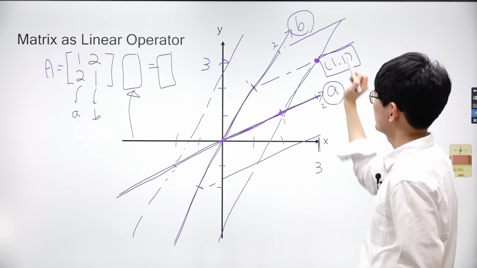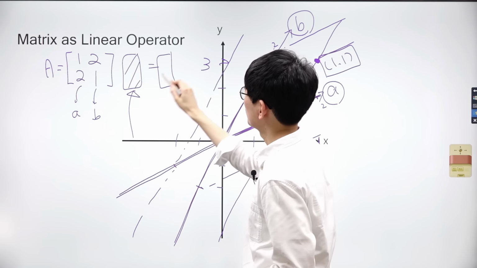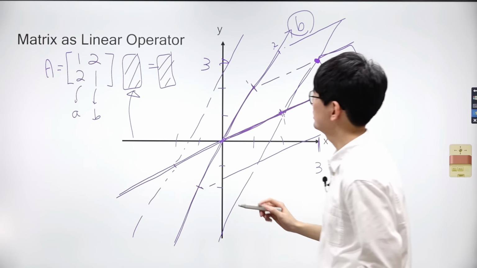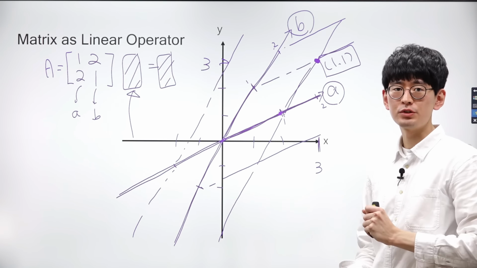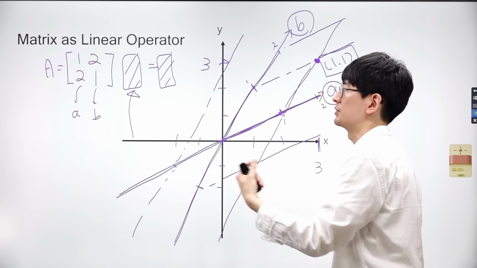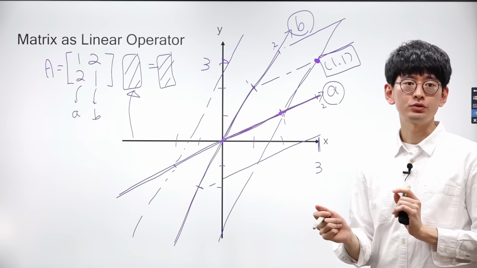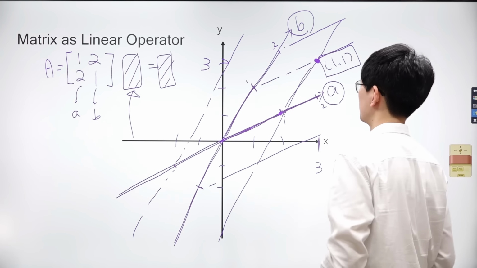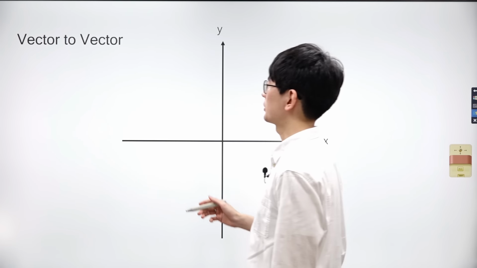Thus, in matrix vector multiplication, a vector multiplied by a matrix represents the altered coordinates of a point within a transformed coordinate system, whereas the resulting output vector signifies the coordinates of the same point within the original coordinate space. Let's recap.